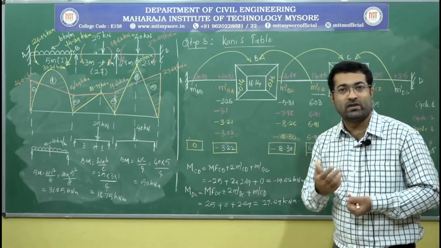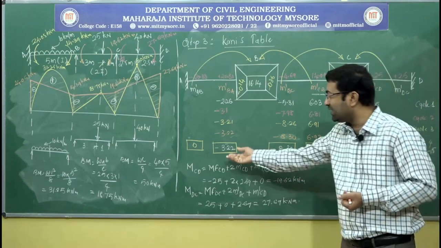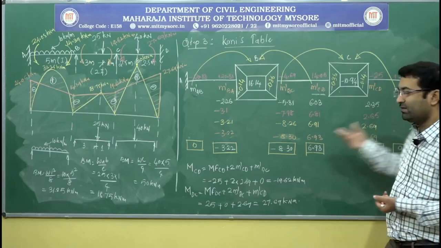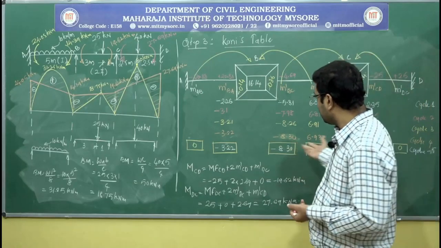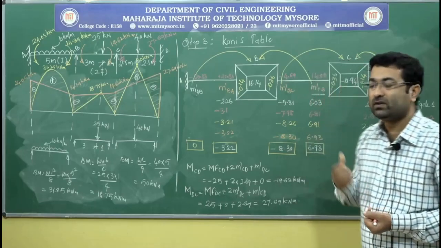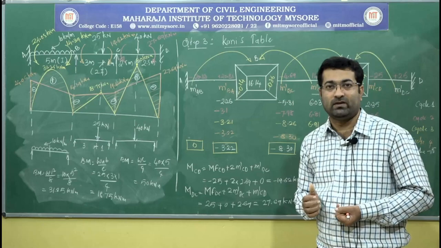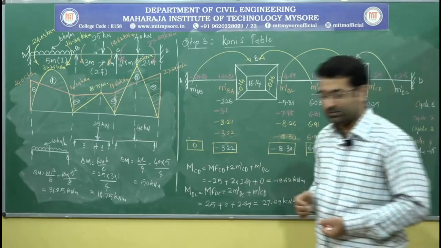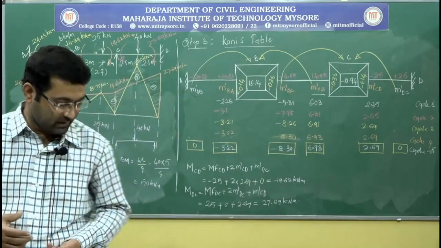We have done this calculation of rotation contributions repeatedly until we achieve the repeated values. Once we achieve the repeated value, we have stopped the cycles. Then using these values we have estimated the end moments. So this is how we need to use the Kani's method to analyze a beam. Right? Thank you.